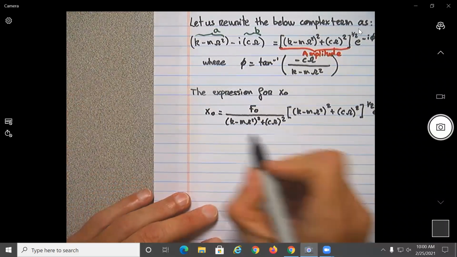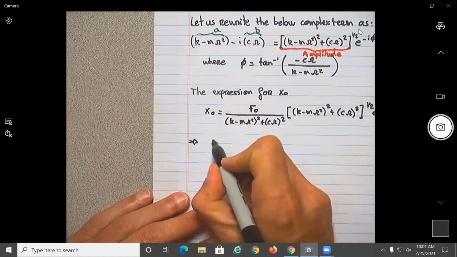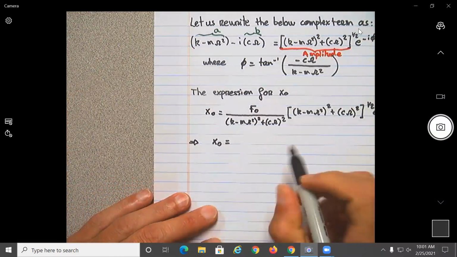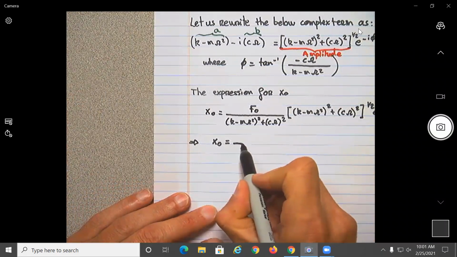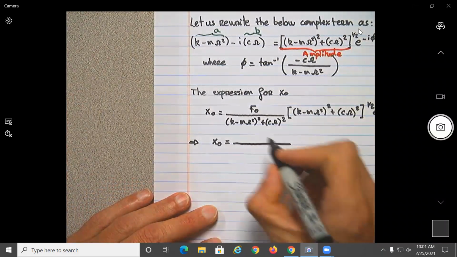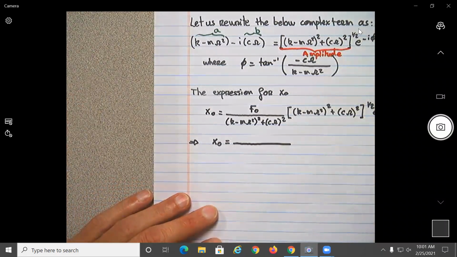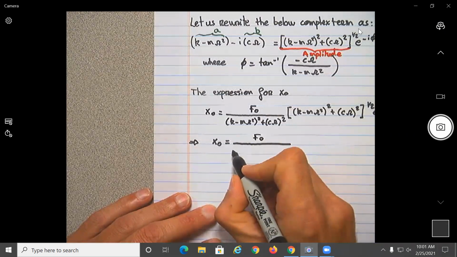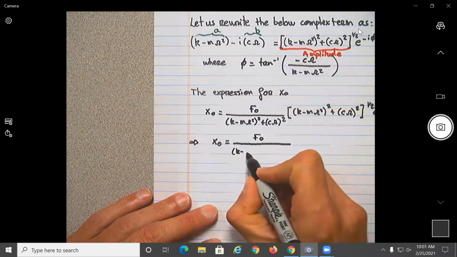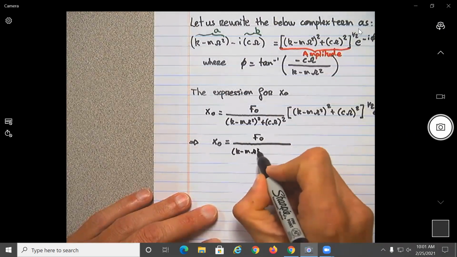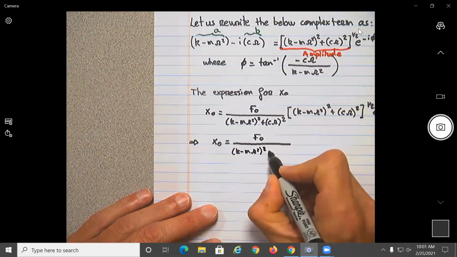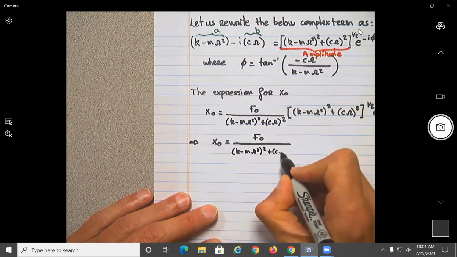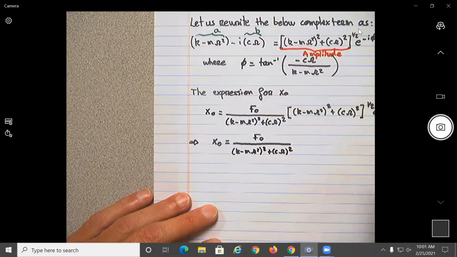Okay, so we can write this as x sub naught will be equal here to f sub naught over k minus m lambda square plus c omega square.